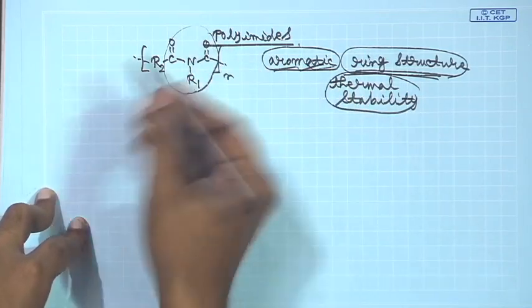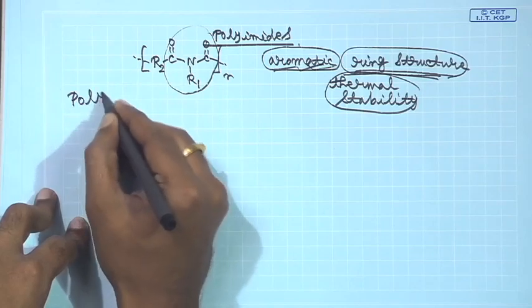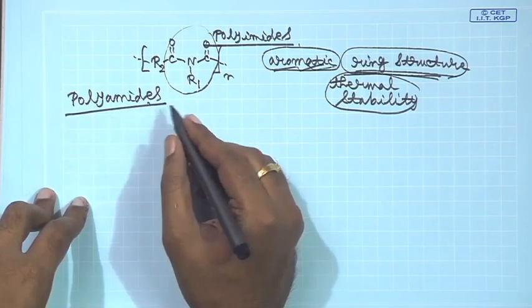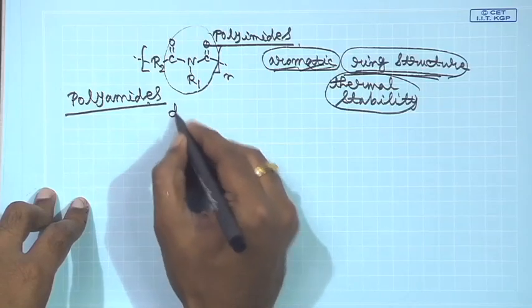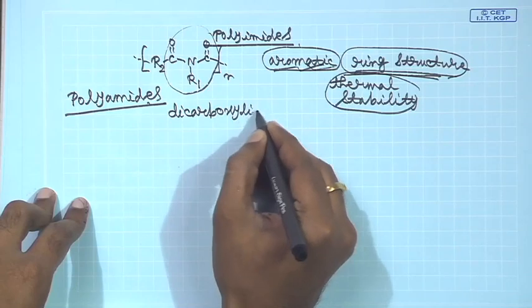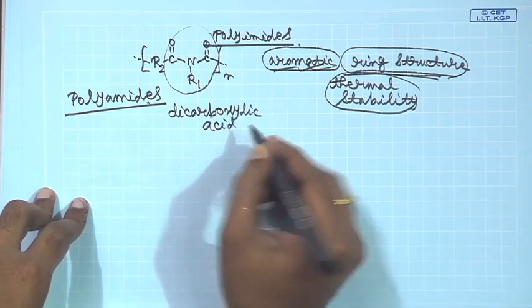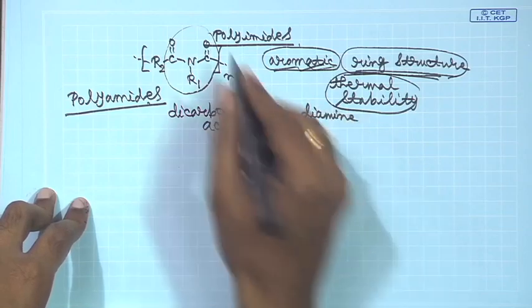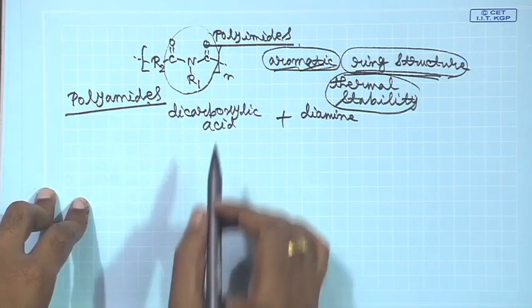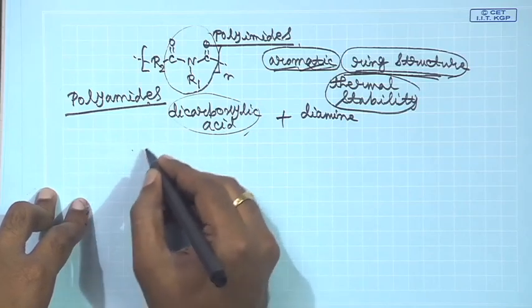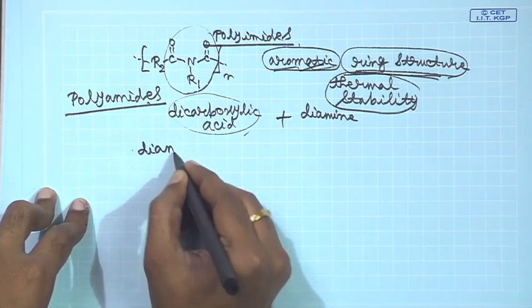Now, when we talked about polyamides, we could prepare them from a dicarboxylic acid and a diamine. For polyimides, instead of dicarboxylic acid, you start with a dianhydride.